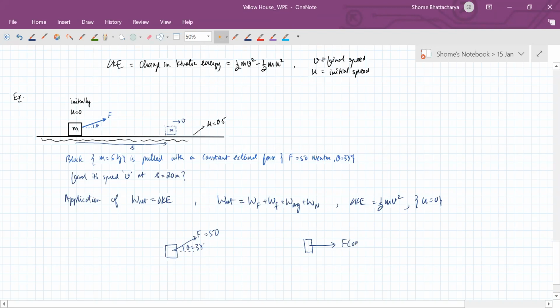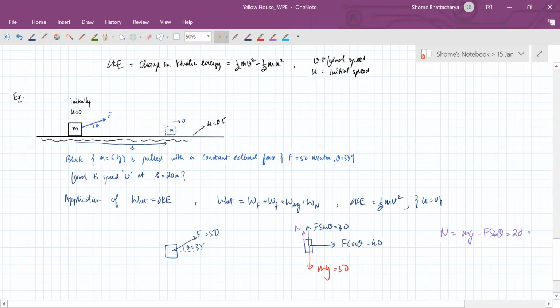F cos theta will become 40. F sin theta will become 30 newtons. Mg is 50 newtons because the mass is 5 kg. So your normal reaction will become how much? The normal reaction will be mg minus F sin theta.